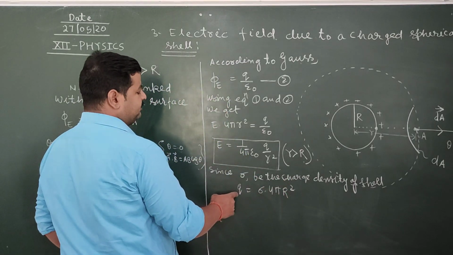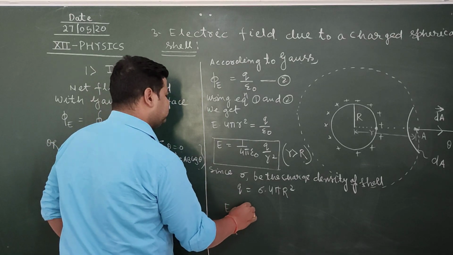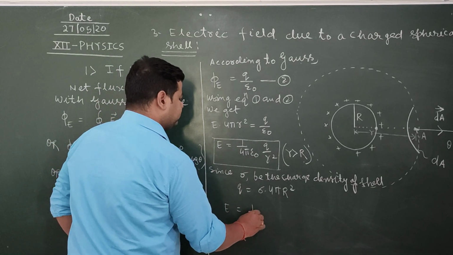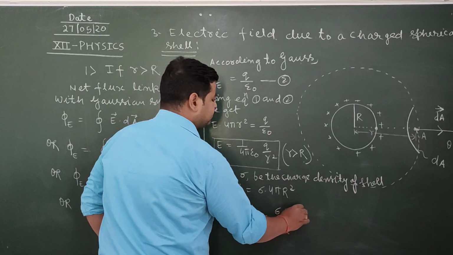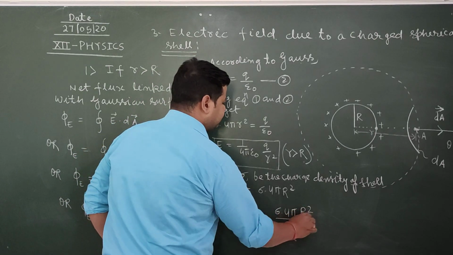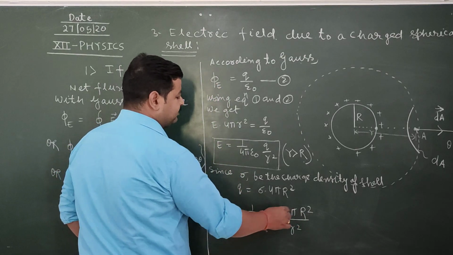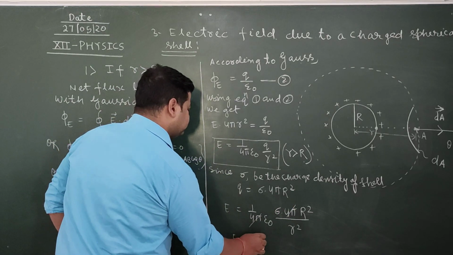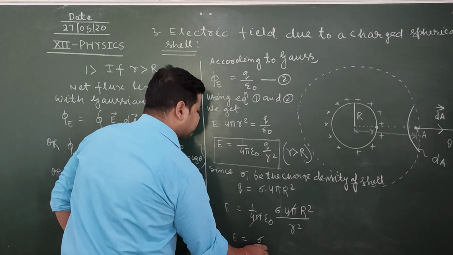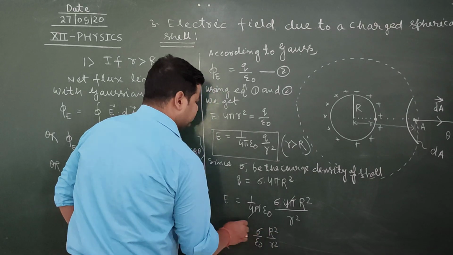So we put the value of Q in this expression. Finally we get E is equal to 1 upon 4 pi epsilon naught, sigma into 4 pi capital R square upon small r square. Here 4 pi and 4 pi cancel each other, therefore E is equal to sigma by epsilon naught, capital R square by small r square.